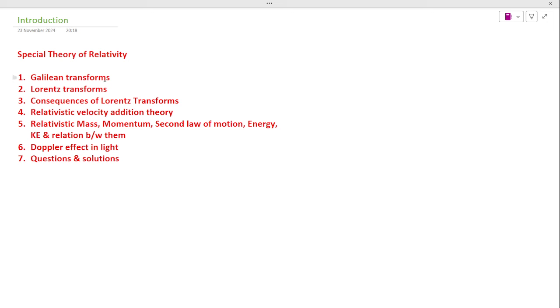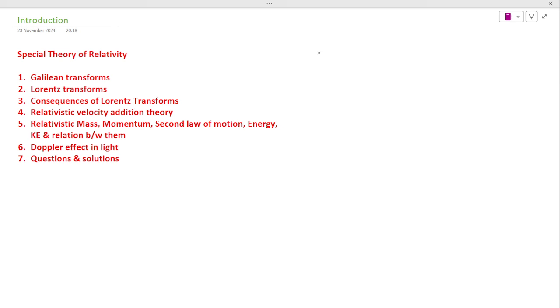One is Galilean transformation, second one Lorentz transformation, third one is the consequences of Lorentz transformation, relativistic velocity addition theory, relativistic mass, momentum, second law of motion, energy, kinetic energy and relation between them, Doppler effect in light, questions and solution of NET, GATE, JAM, JEST and TIFR.